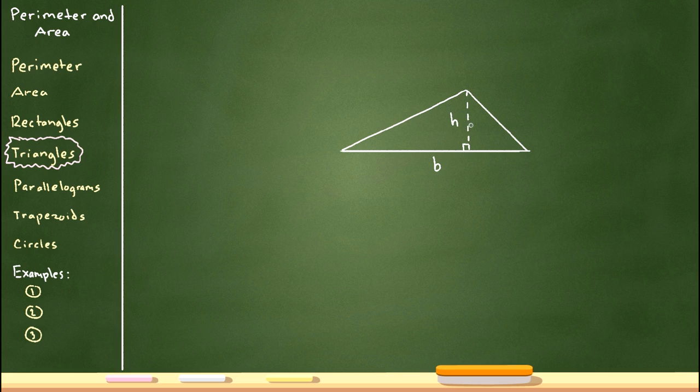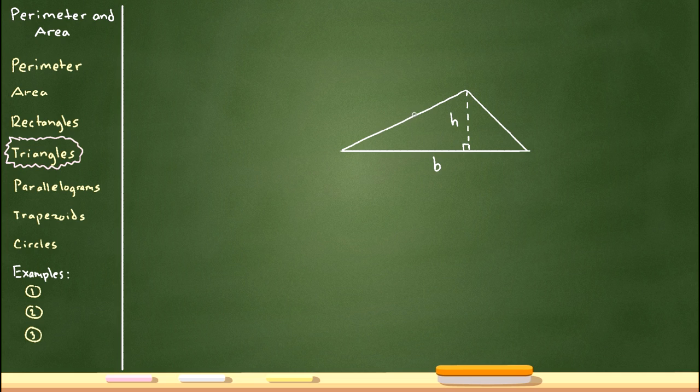They don't all look like this, but typically you could find a base of your triangle. Now you could consider any side of your triangle to be the base. Okay, it doesn't matter which one you call the base.